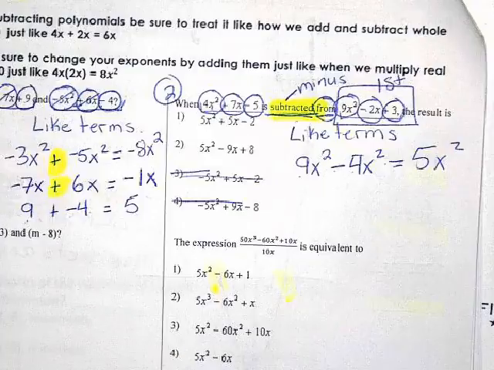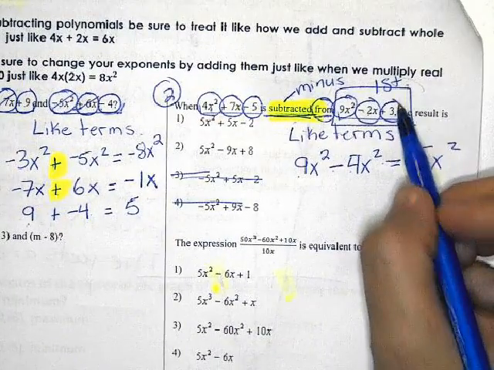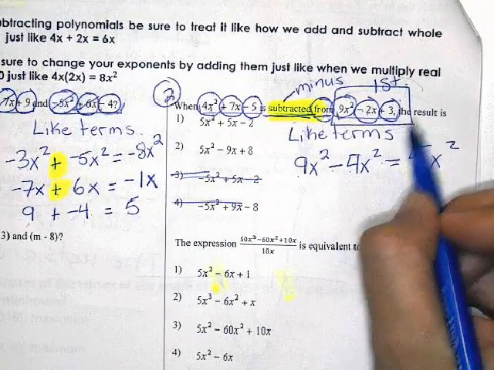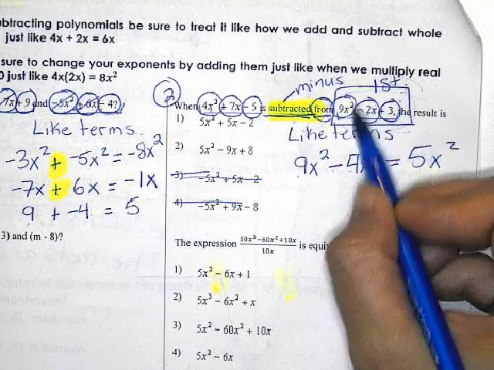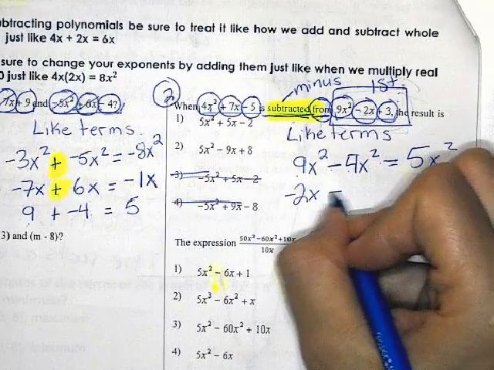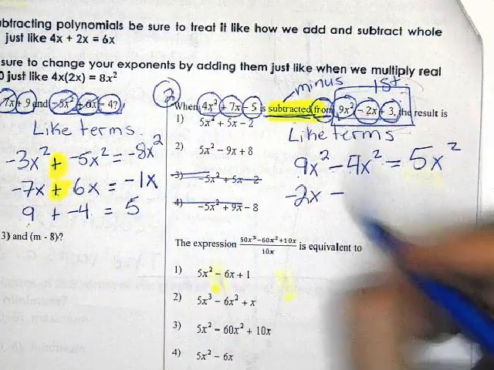Okay, so then my second number again. This whole polynomial is your first one because of that word from. From means this second one goes first. So we would start off with negative 2x minus this positive 7x.